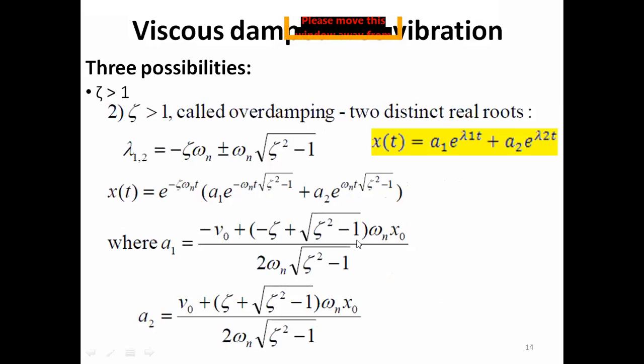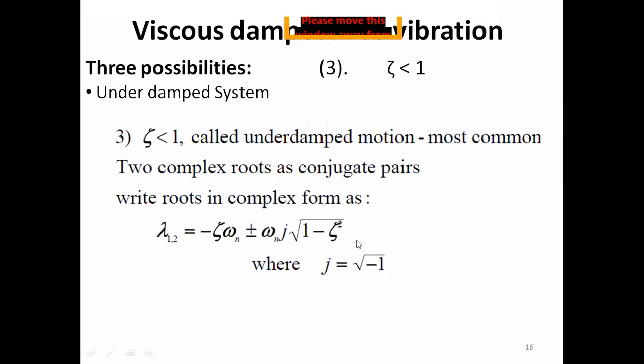So actually here we would have minus 1. If I take minus 1 common, then that discriminant would become 1 minus zeta square, and here we would have minus 1. And minus 1 under the root is j or iota. So I'm writing that j or iota here.